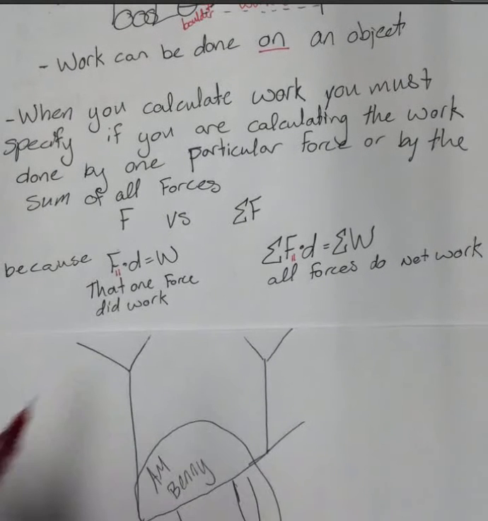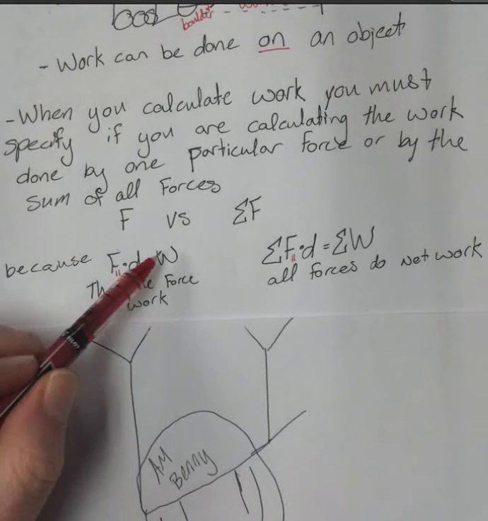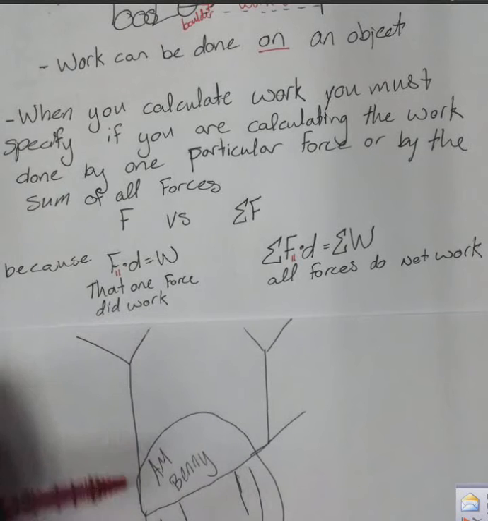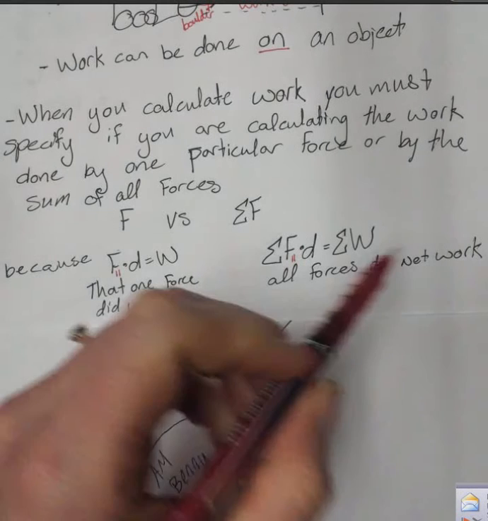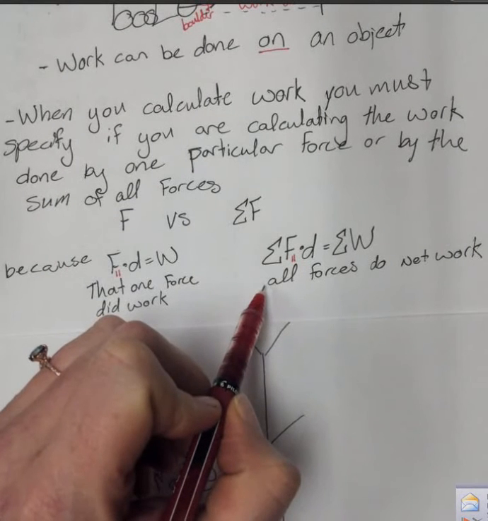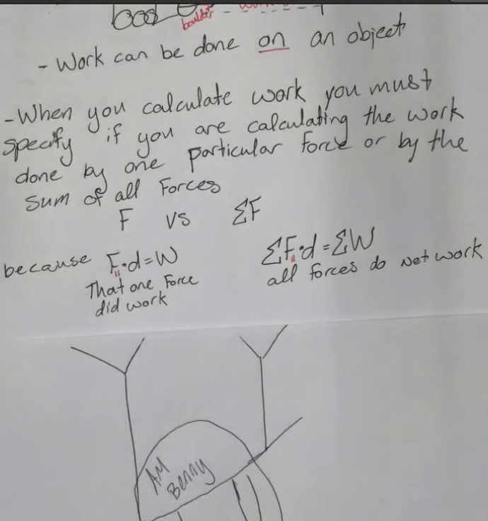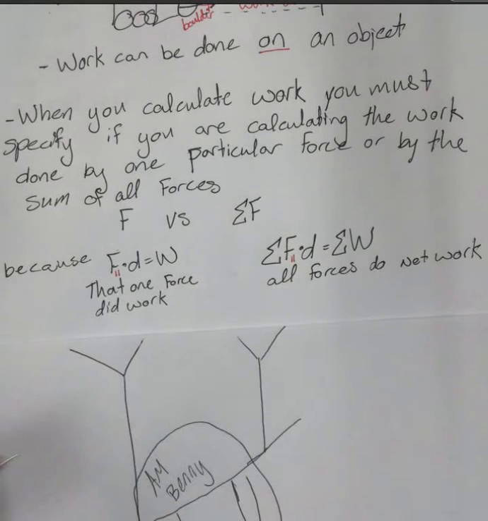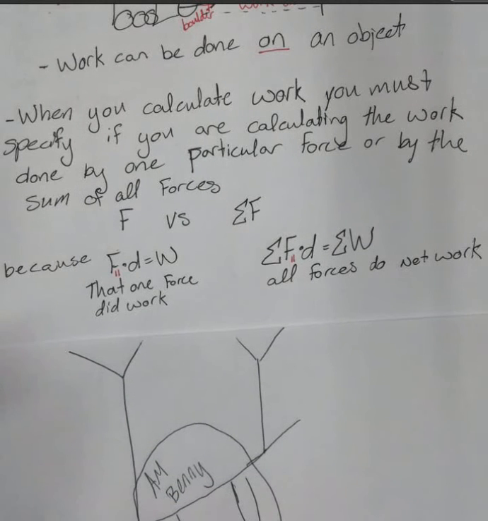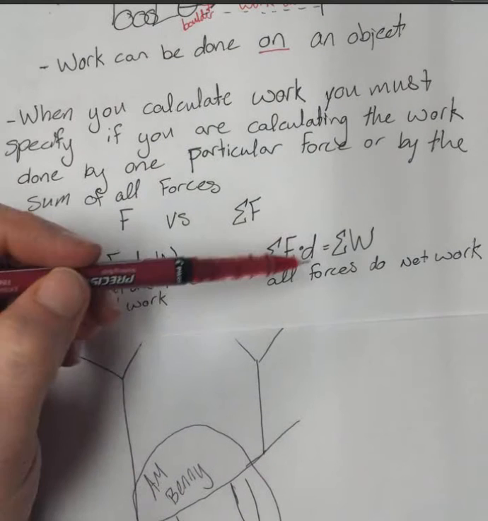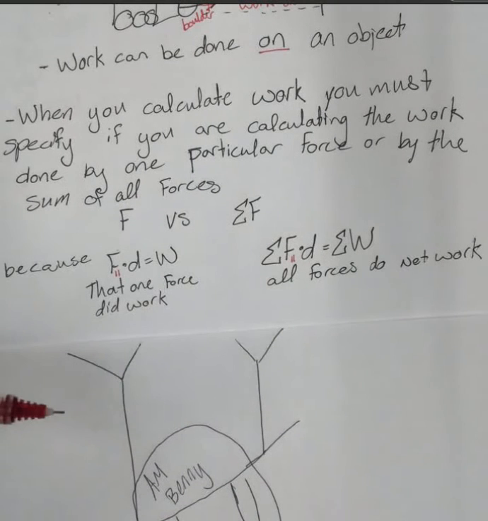So this equation would give us the work that one force did, the force that we were focusing on. This equation would give us the net work that the sum of all of the forces did on the object. And there's going to be a difference between these. If you are solving for net work, you can solve using this equation. If you're solving for one particular force, though, you must use this equation.